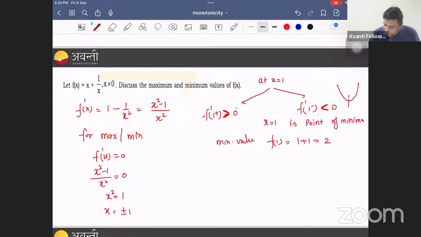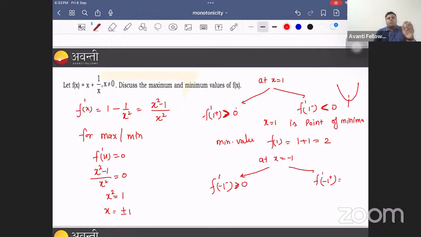Now let's check for x equals minus 1. f'(minus 1 minus), in the left of minus 1. Say the left of minus 1 is minus 1.1. So minus 1.1 square is more than 1, so the numerator is going to be positive. So this is going to be greater than 0. Am I clear? And f'(minus 1 plus), in the right of minus 1, say it is minus 0.99.